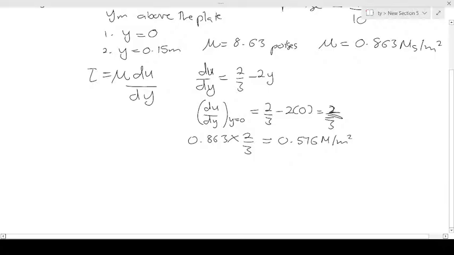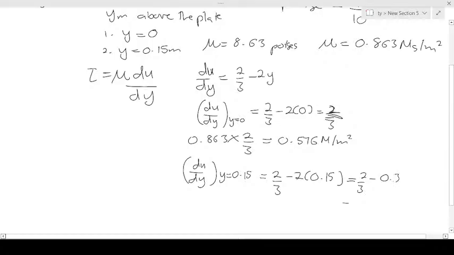So that means we are going to find du dy at y equals 0.15, which is going to be equal to 2 over 3 minus 2 times 0.15, which is 2 over 3 minus 0.3, and that should be giving you something like 0.367.